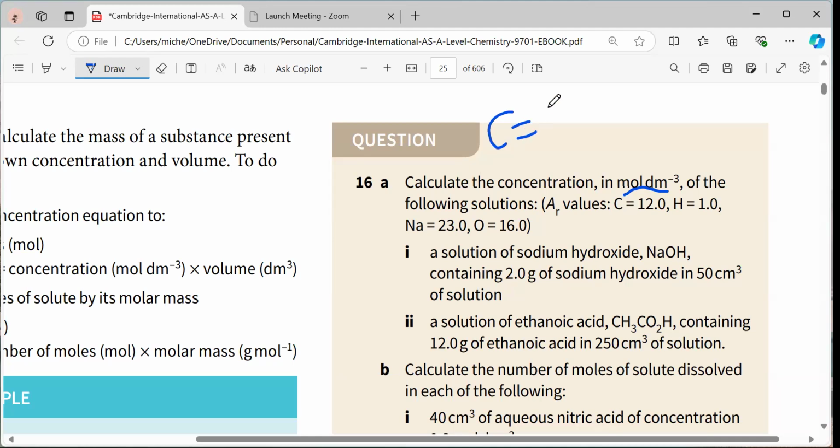Concentration would be mole divided by the volume. This is the equation for concentration. Why am I writing this down? It's so that we know what we are looking for.